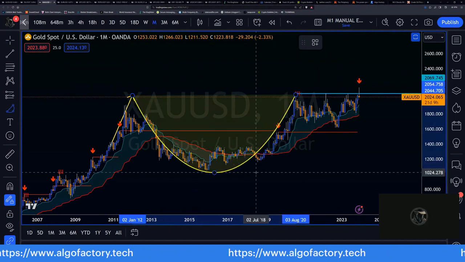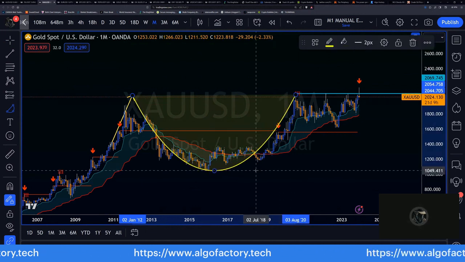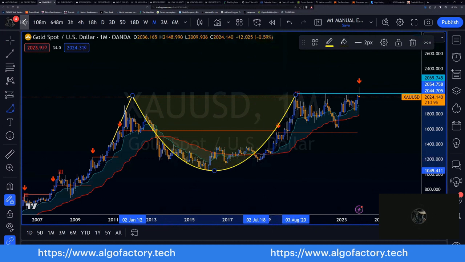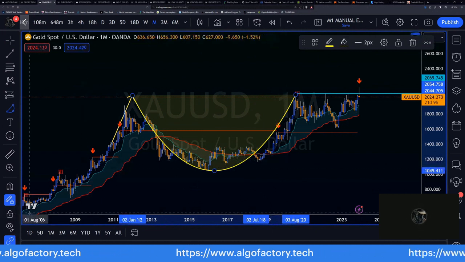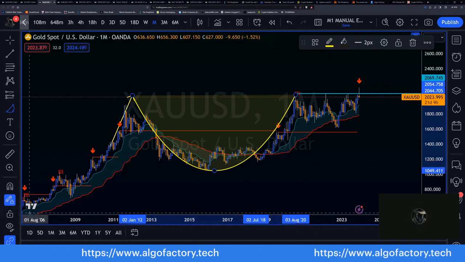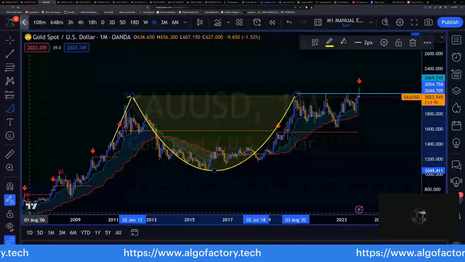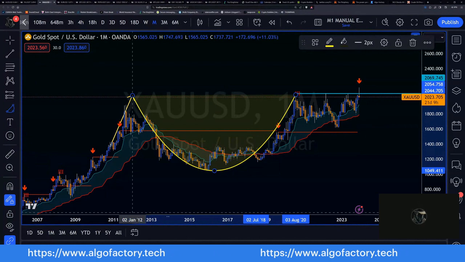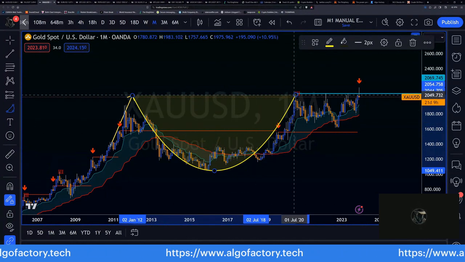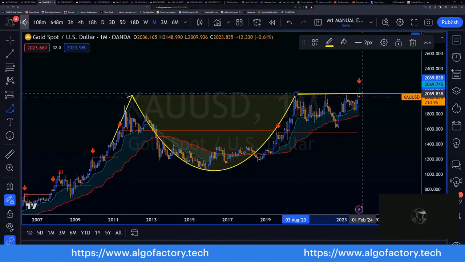Okay, and then the bottom of the cup is the low point of the move down. Then you have your handle, and your handle is going to look like this.